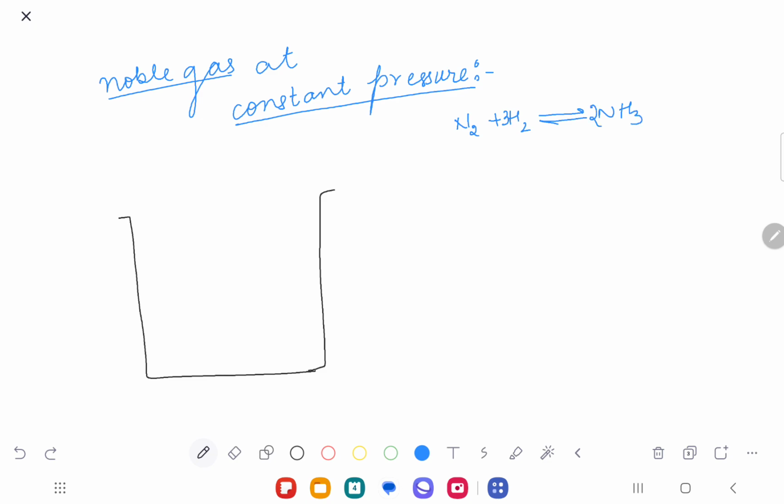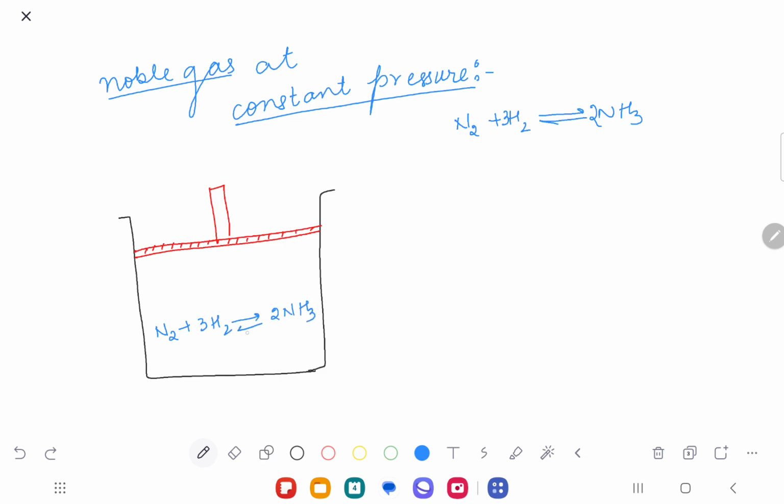That's my equation, isn't it? This is my piston, and I have these gases working inside: N2 plus 3H2 to give me 2NH3.